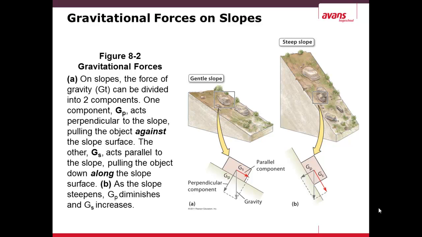In B, you see that the slope has steepened, and while the GP, the perpendicular component that's holding it to the surface, has diminished, the GS, the slope pull, has increased. And on this B side, on the right-hand side, the chance of the slope failing is great.